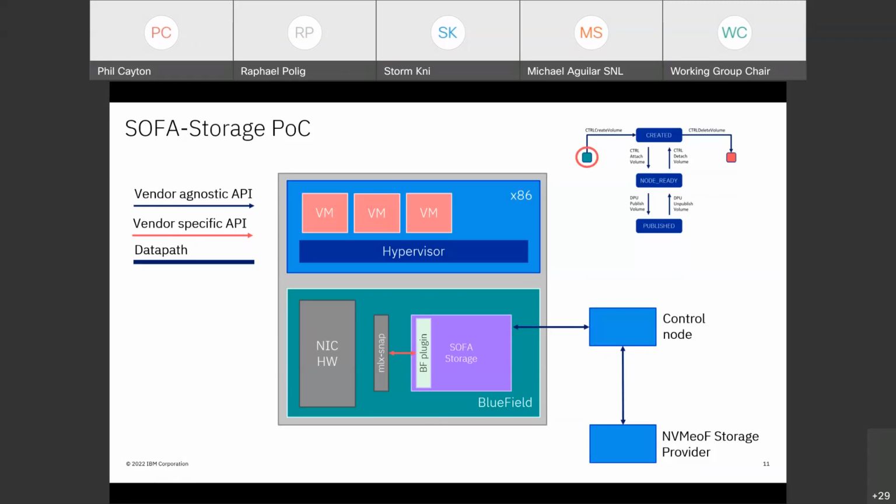So the SmartNIC vendors would only need to write a small piece of code that defines the plugin, which then translates the generic, vendor-agnostic API of SOFA into specific API calls that are necessary to set up the storage volumes on the SmartNICs and host.